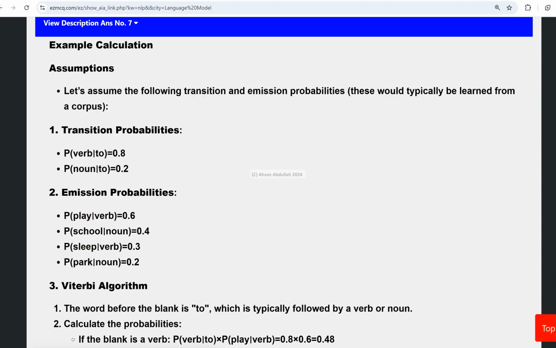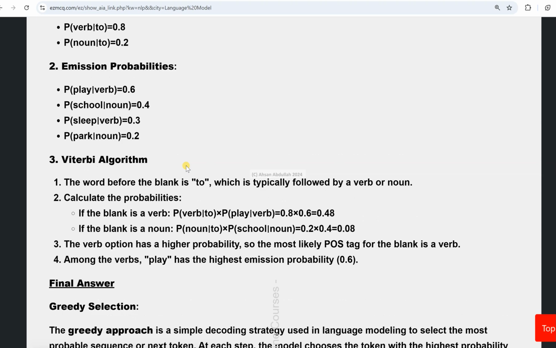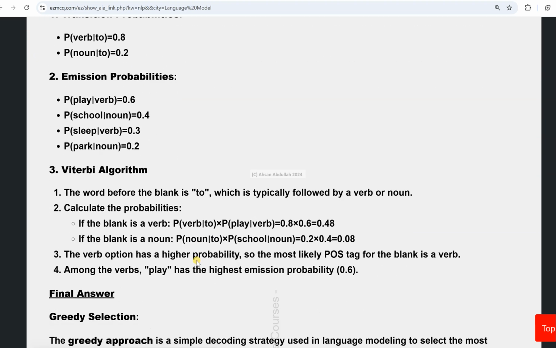All right, so let's look at the Viterbi algorithm. In our statement, before the blank there is the word "to", and that word "to" is followed by a noun or a verb. Let me change the pen for improving comprehension.